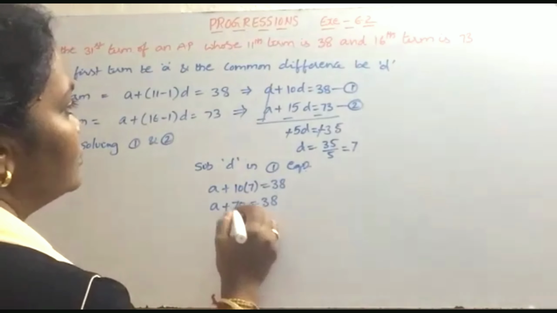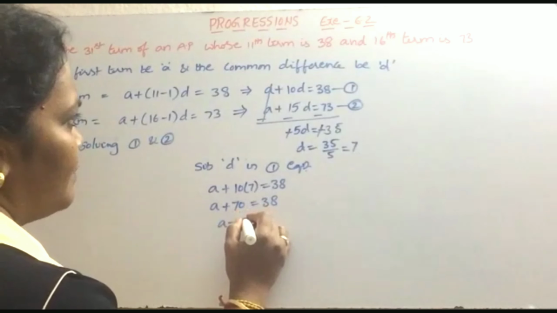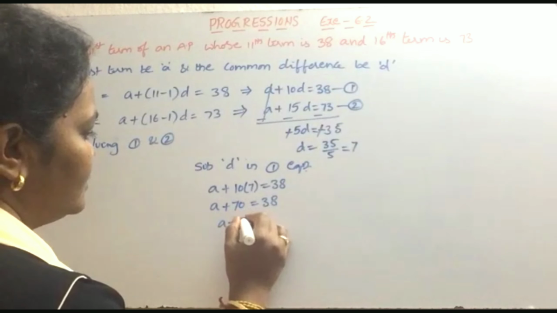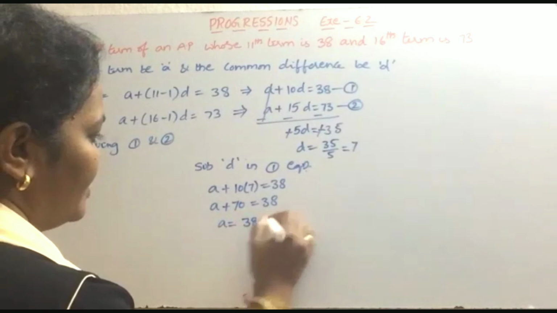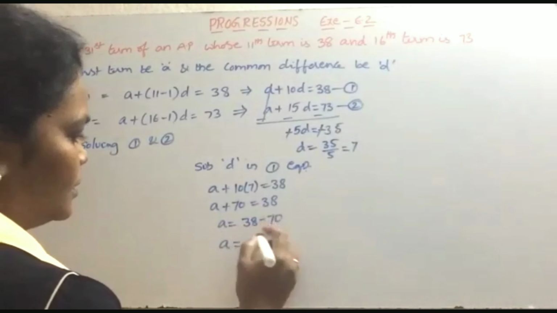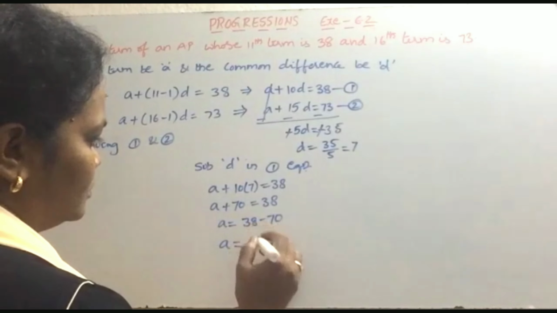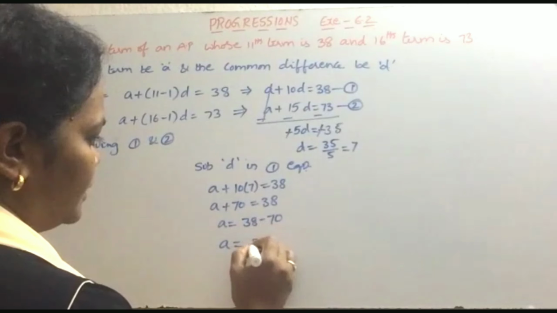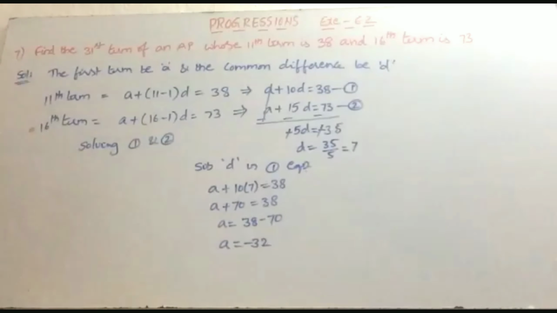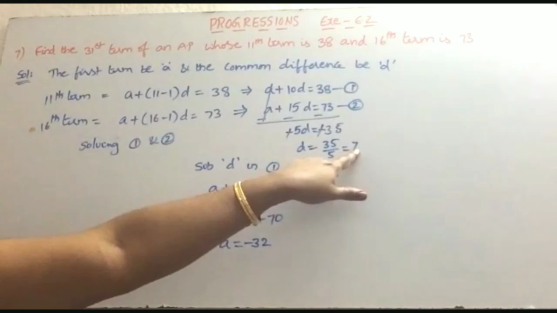A equal to 38 minus 70. So A is equal to minus 32. A equal to minus 32 and D is 7.